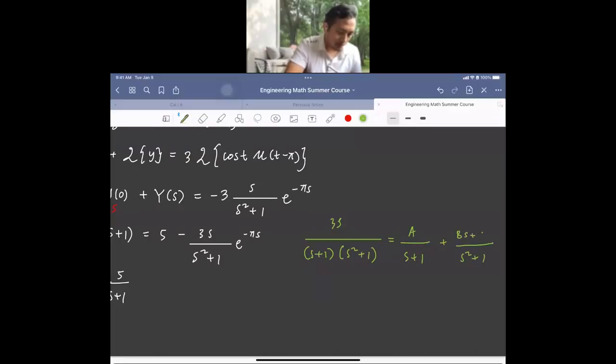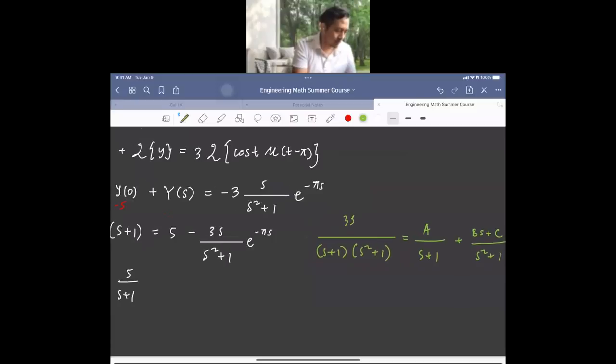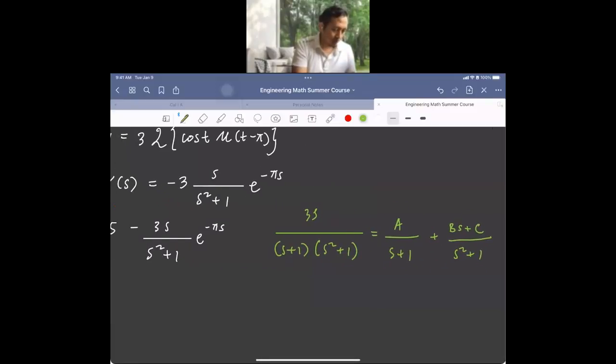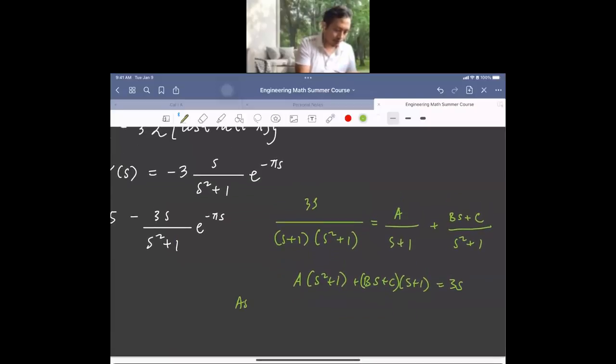This is A, this is Bs plus C. So A(s squared plus 1) plus (Bs plus C)(s plus 1) is equal to 3s.